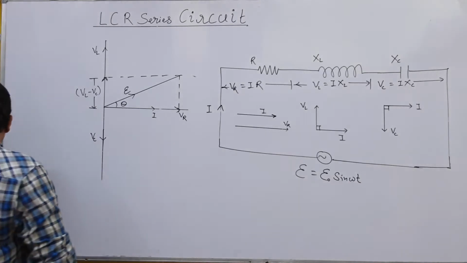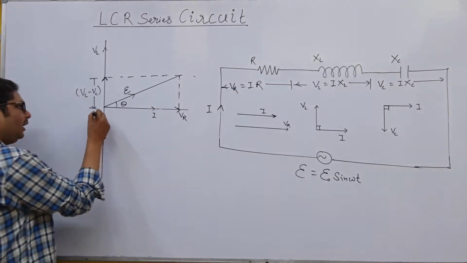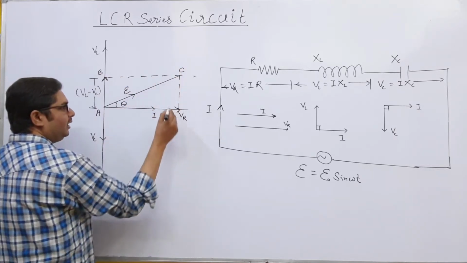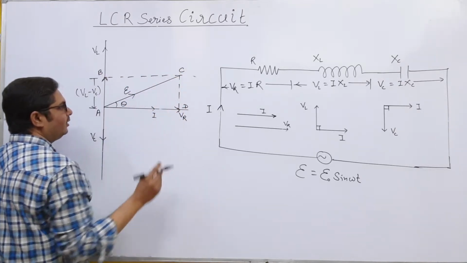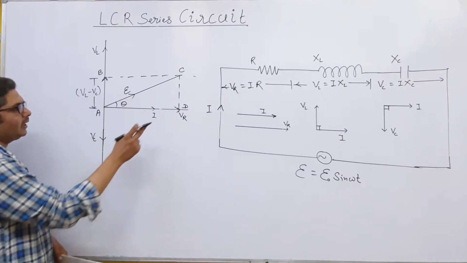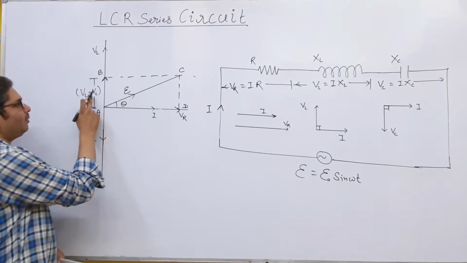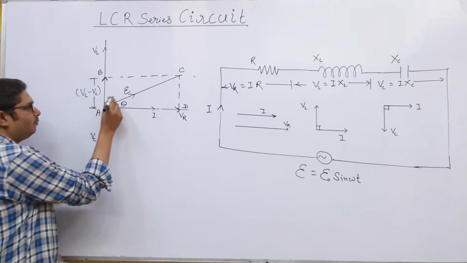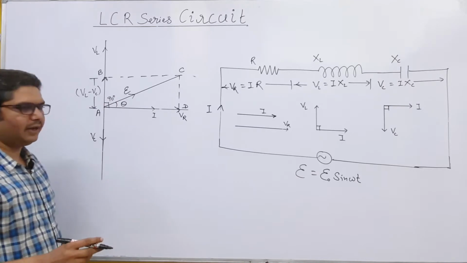Let us name the points A, B, C and D here. Now VR and VL minus VC, this angle is 90 degrees.